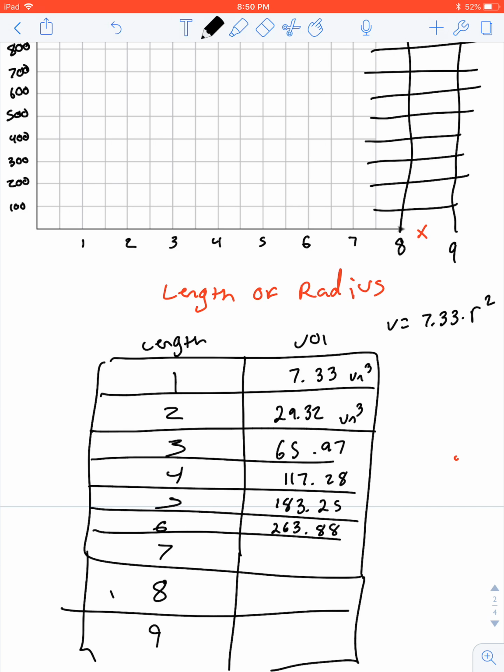Our radius of 6 is going to give us 263.88. Radius of 7 is going to give us 359.17. Remember, all these are units cubed. Next one is going to be 469.12. And then finally our last one is going to give us 593.73.